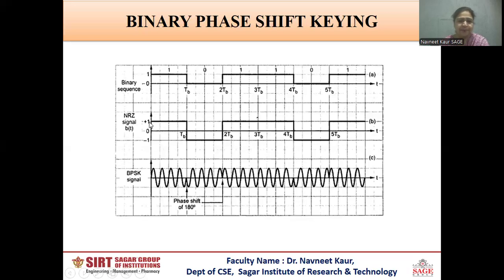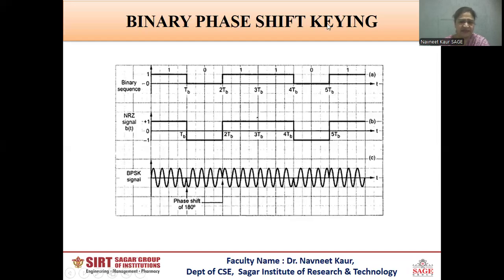That means it will be having higher level in the form of +1 level, and lower level in the form of -1. That means when the message is 1, it will be represented by positive level, and whenever the message is 0, it is represented by negative level. Now, this is the message signal which I want to transmit over a larger distance.